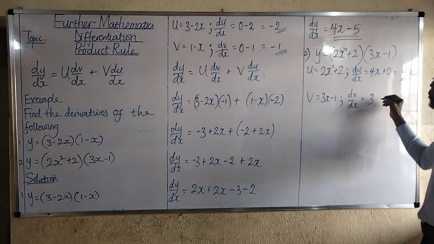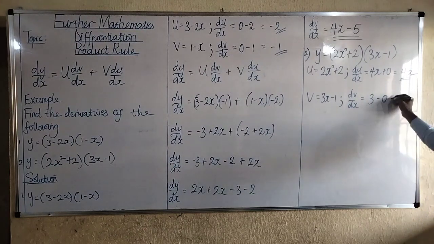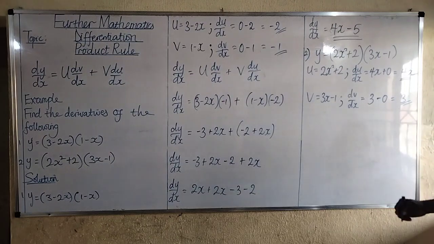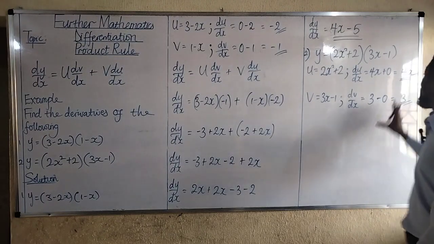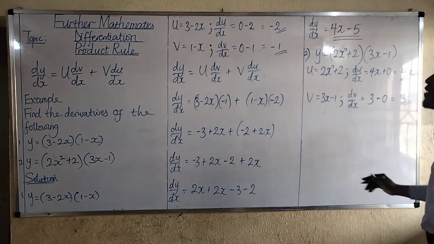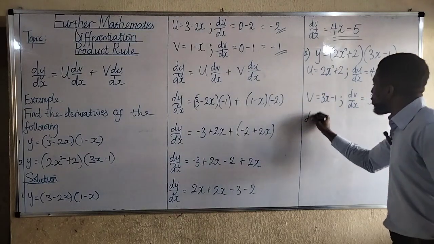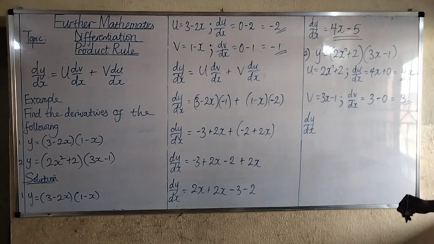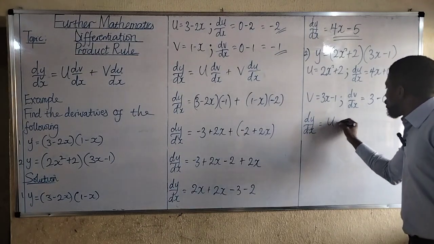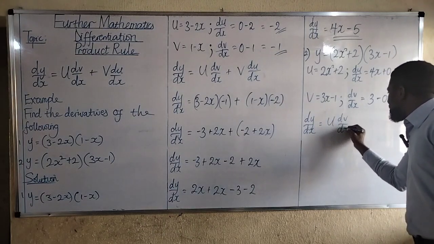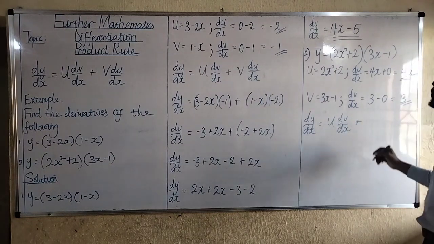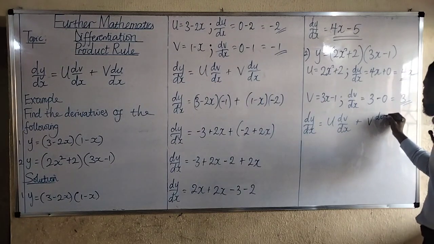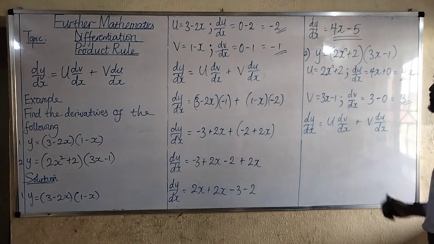If we differentiate minus 1, we have minus 0. So our answer here will be 3. Alright, time for us to put this in the general formula for product rule, which says dy over dx is u dv over dx plus v du over dx.